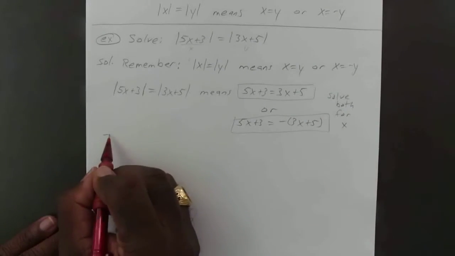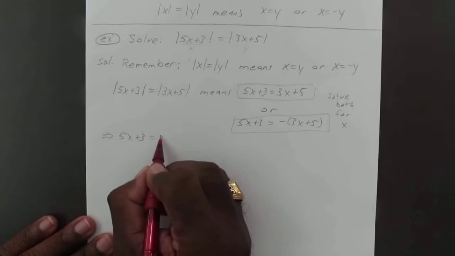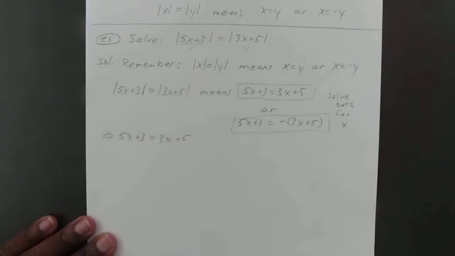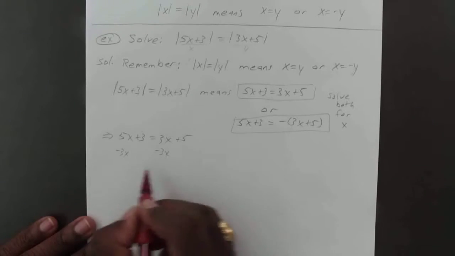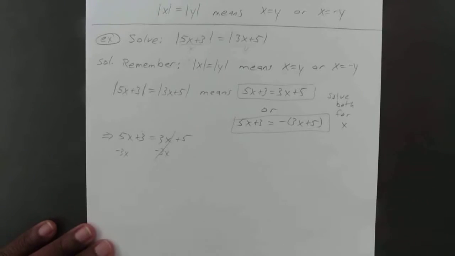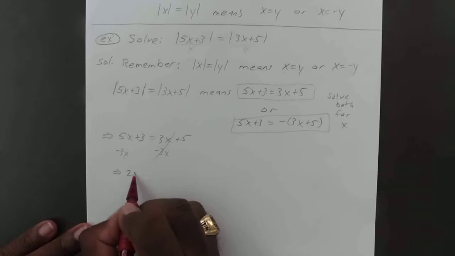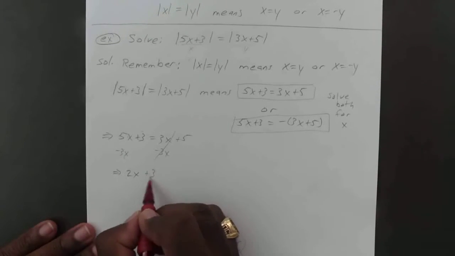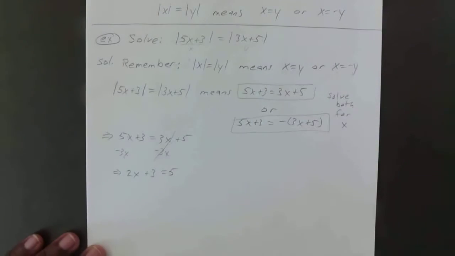So if we solve our 5x plus 3 equals 3x plus 5, and we subtract 3x from both sides, that cancels out. So you have 5x minus 3x, which is 2x plus 3 equals 5.